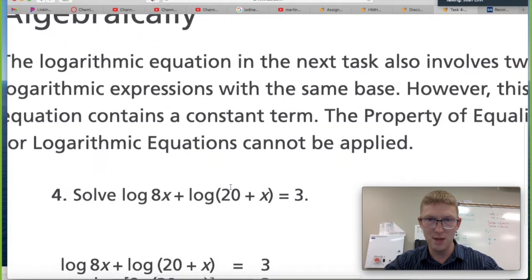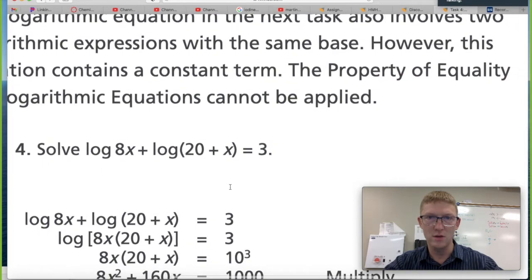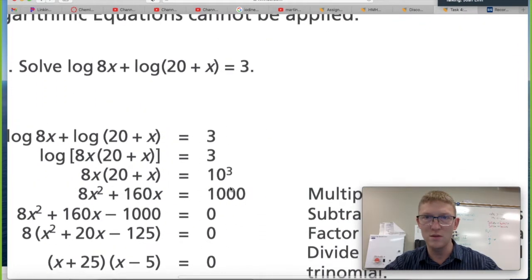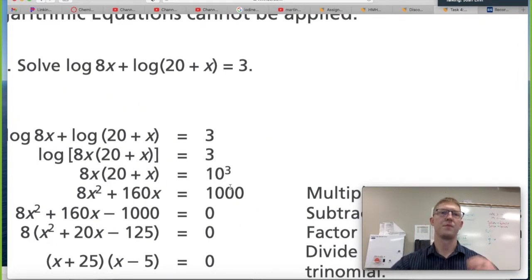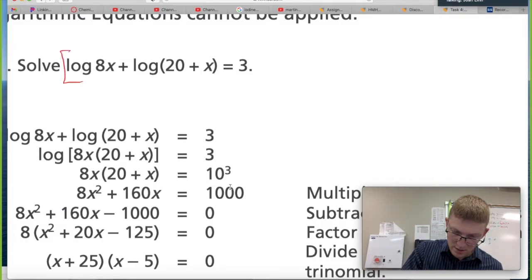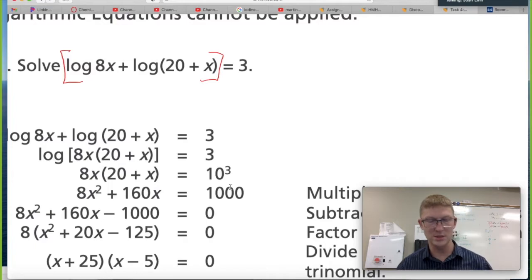But this one is cool. Look at that, baby. How are we going to solve that? Let's get some white space. So solve common log of 8x plus common log of 20 plus x equals 3. First things first, we can combine these two based on our properties of logs.